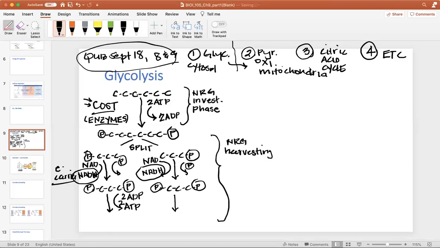So when we take this phosphate off and this phosphate off, we're left with just a plain old 3-carbon molecule called pyruvate.